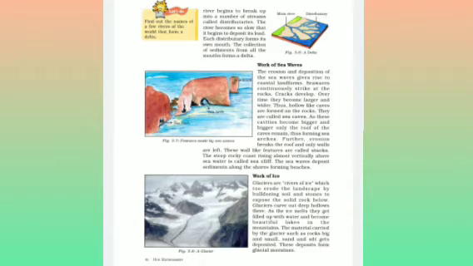In this long journey, a river has three different courses: the upper course, middle course, and lower course, or we can say a mountain course, a middle course, and a lower course. In these three courses, the river has separate work to be done, and it moves in a different way.